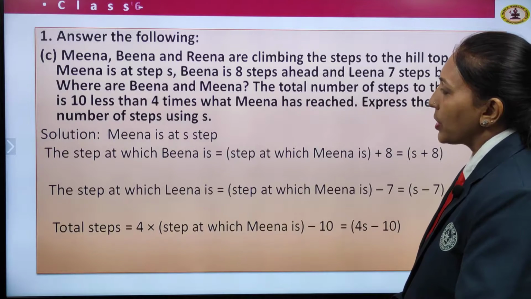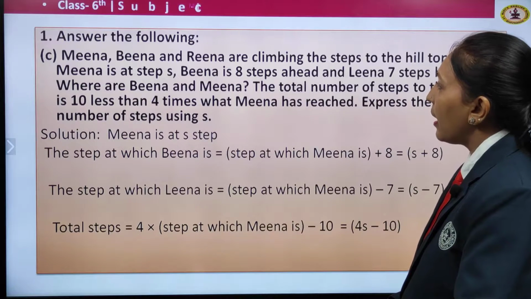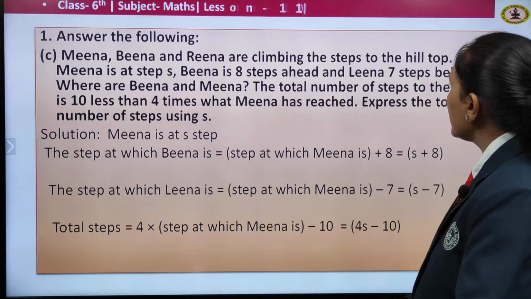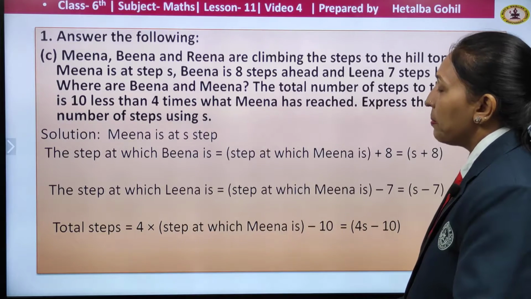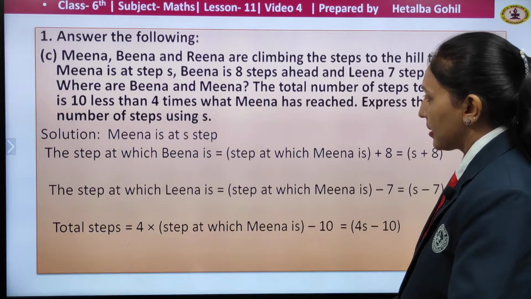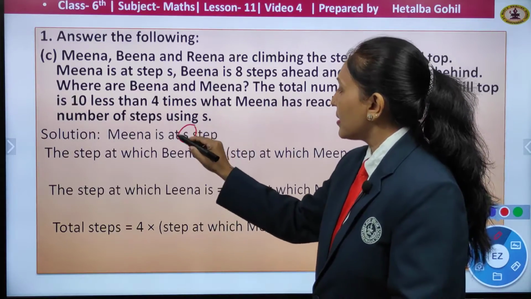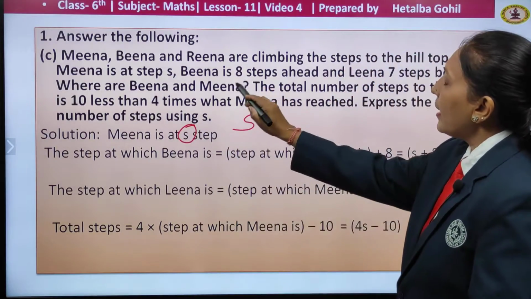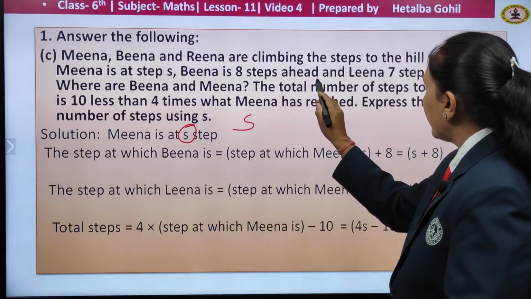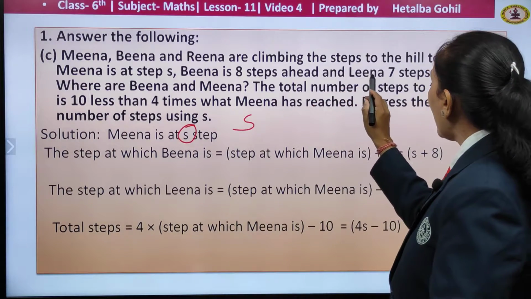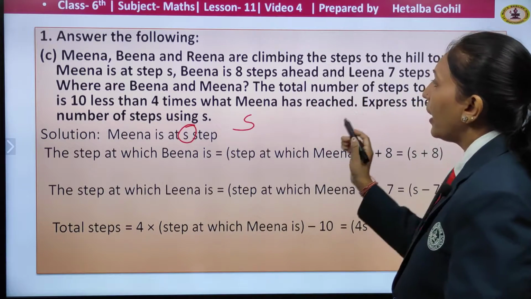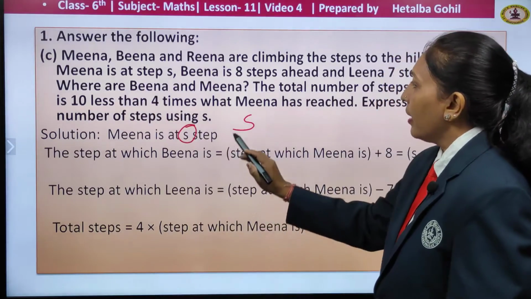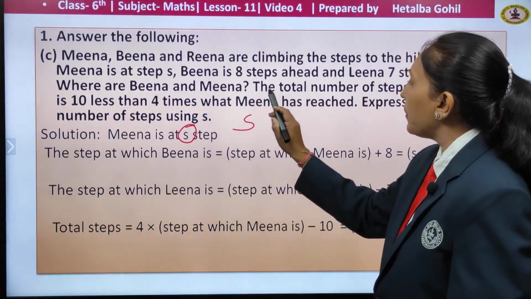Next, question C. Meena, Beena and Reena are climbing the steps to the hilltop. Meena is at step S. So Meena is at step S. Beena is 8 steps ahead, and Leena is 7 steps behind Meena.